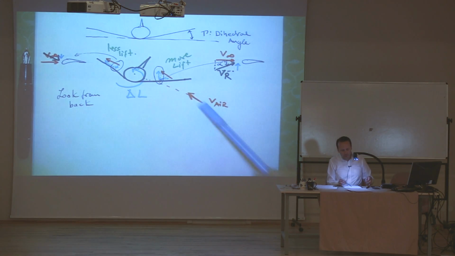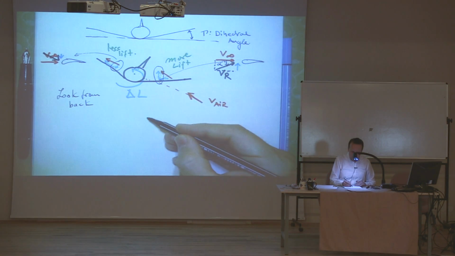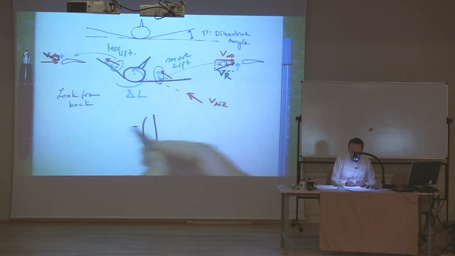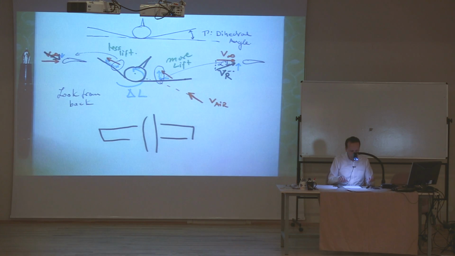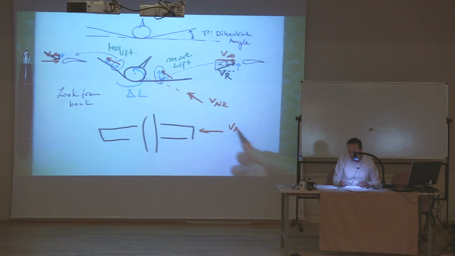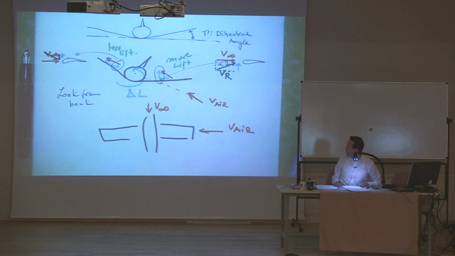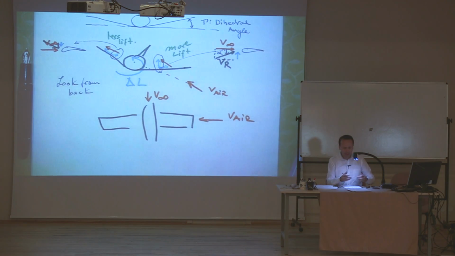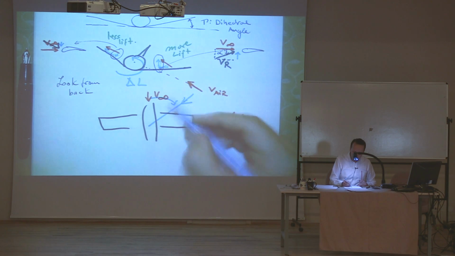Because this is coming from the side, if you look from the top, while you're sliding down, your airplane looks now like this. Sliding, you have V air coming from here, and you have the forward velocity V infinity coming from that. So you're sliding down, coming from the top. What do you have? The whole airplane now has some sort of a beta, right?